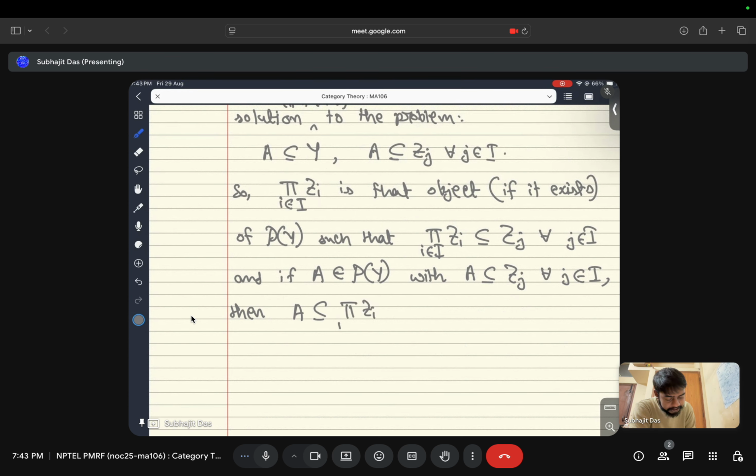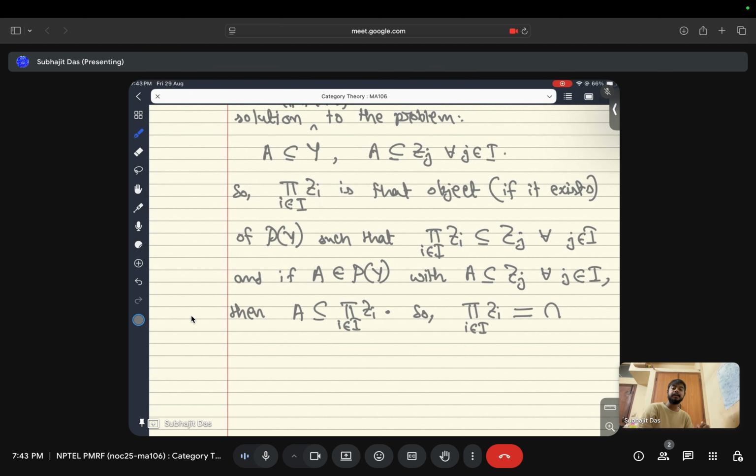So what is this product Zi really? This is exactly the intersection. So the product Zi, i in I, is exactly equal to the intersection.